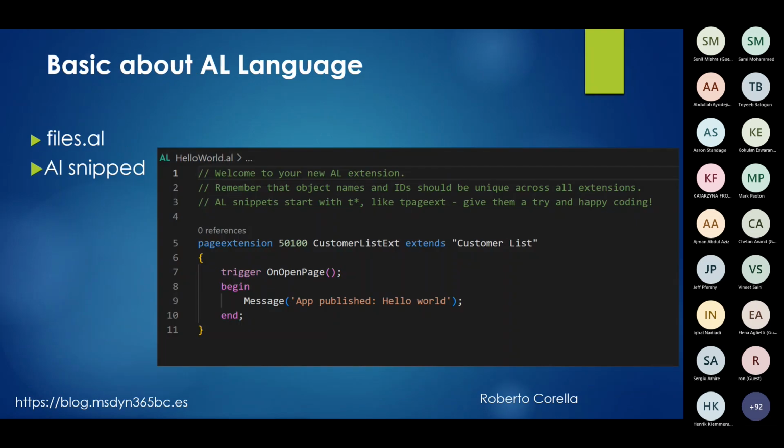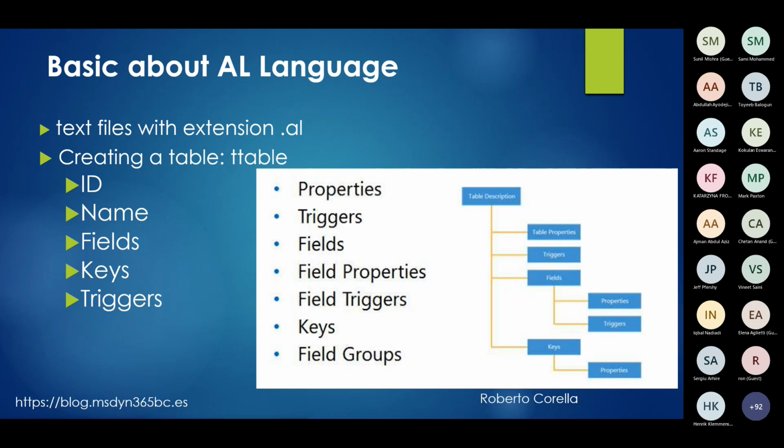Okay, but what happens if I want to create a new table in Business Central? We can learn a little basic about the AL language. All of the objects are in text files with extension .al. I want to create new files with information. For example, to create a table, we can use a snippet.